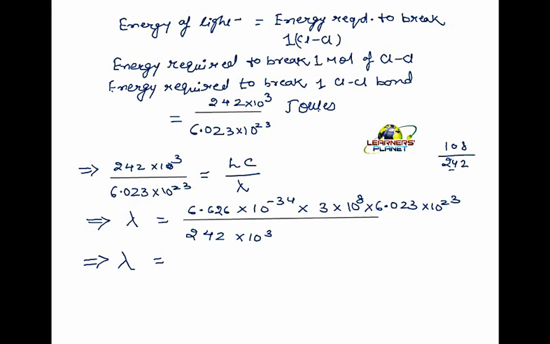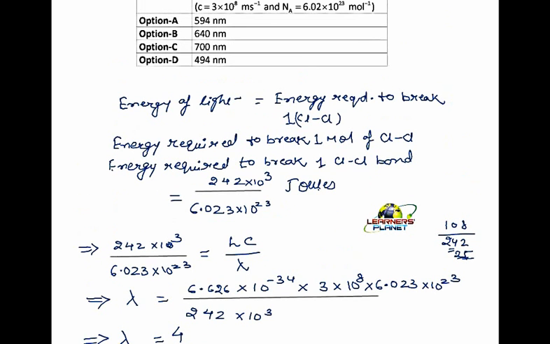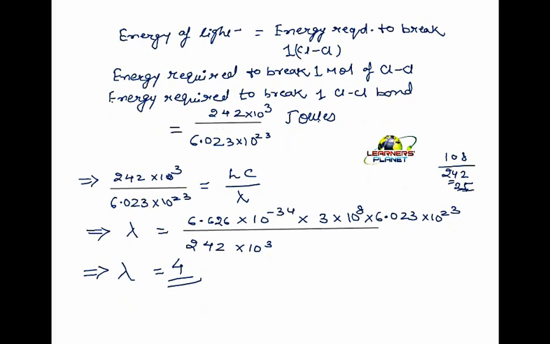I'm just finding the approximate answer. If I round off, 108 divided by 242 is about 25 fours is 100, so approximately I'll get 4 as the first figure. Now let's find where there is 4. This is 494 nanometer.